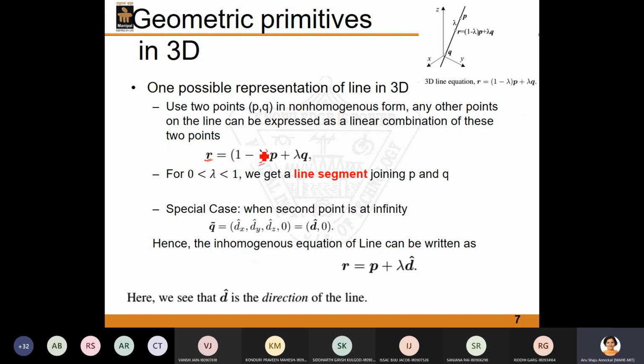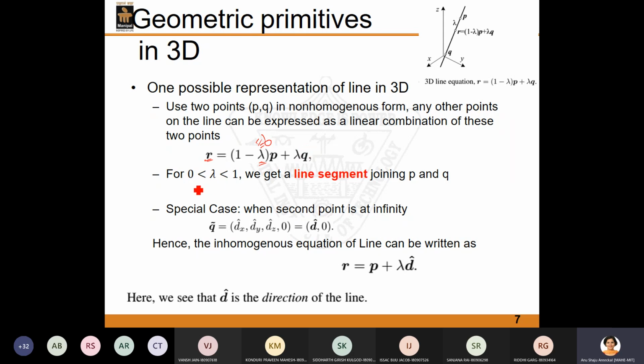For example, if I take lambda equal to 0, the value of r which I get would be equal to p, because the second term would be 0. If I take lambda equal to 1, the first term goes to 0 and what I get is q. So when lambda is 0, r is equal to p, and when lambda is 1, r is equal to q.